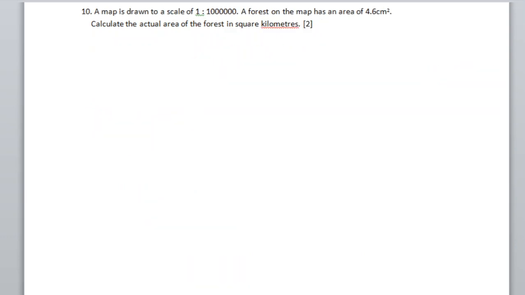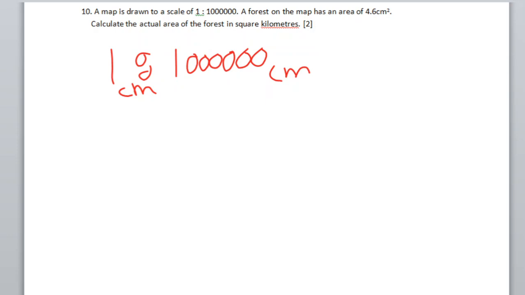Question number 10. A map is drawn to the scale 1:100,000,000, 1:100 million. Unit is not mentioned, that means both could be in centimeters. A forest on the map has an area of 4.6 centimeters. Calculate the actual area of the forest in kilometers square.